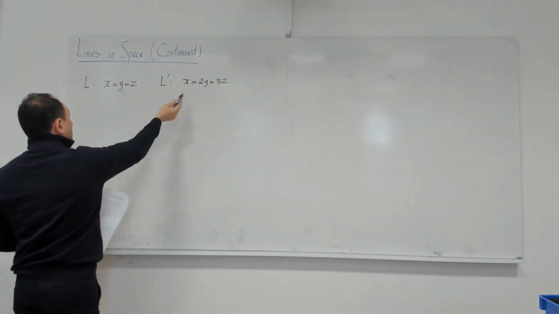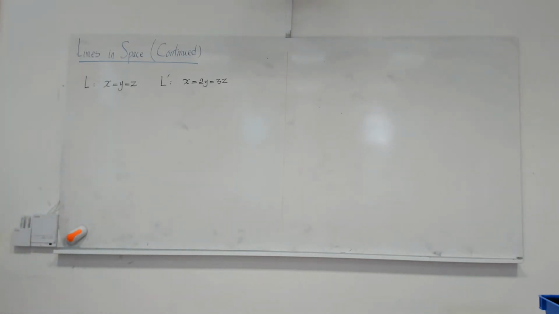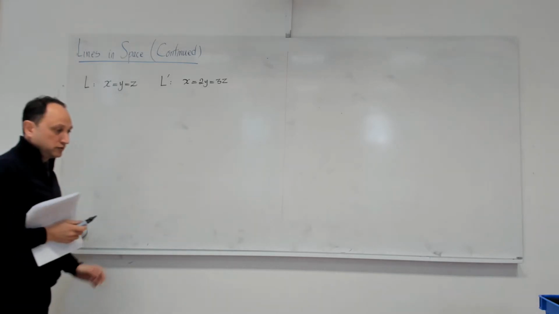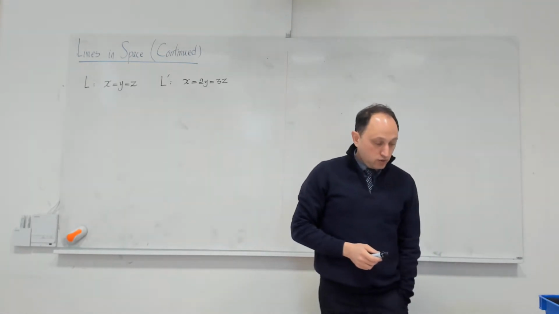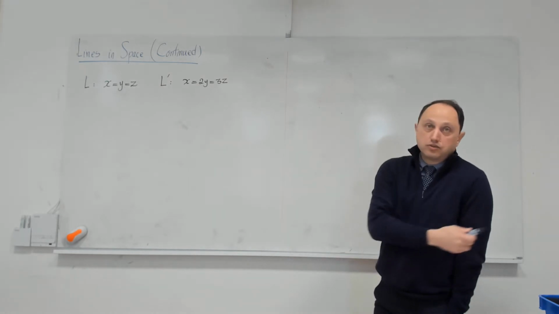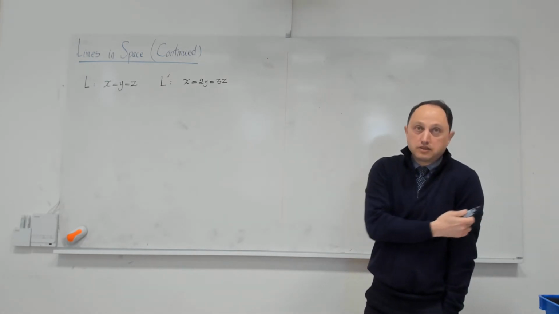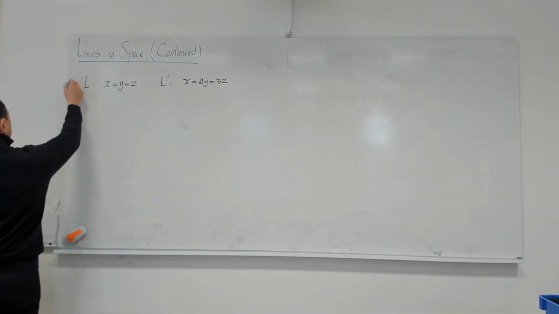So hopefully whenever you see these equations, you should immediately understand they are expressing lines in space, yes? They are canonical forms, but not in a standard form, of course. So the question is, can you write an equation for the plane that contains these two lines? And this is part one of the problem.